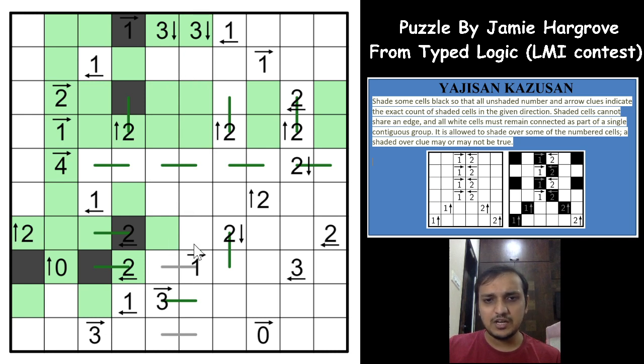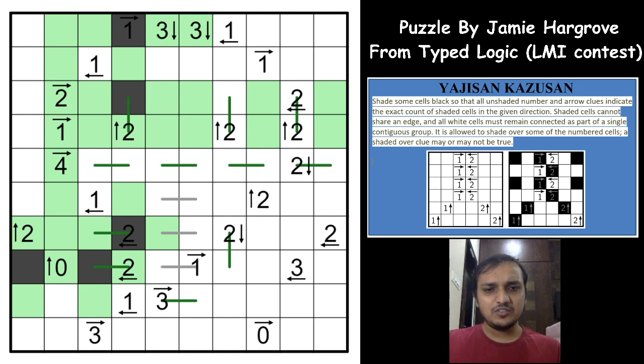So how can we eliminate the one possibility? Let us see. Can we have all these 3 cells as the possibility for a shaded cell? No, we cannot have. Now why is it the case? Let us see what happens if we have all these three 1 by 2 cells as possibility for a shaded cell.